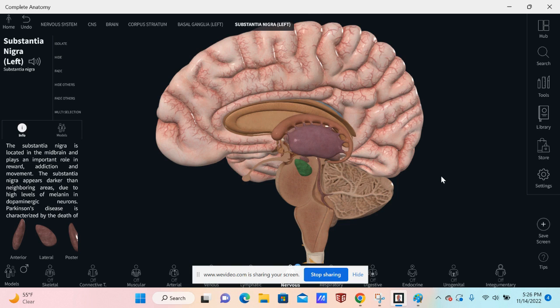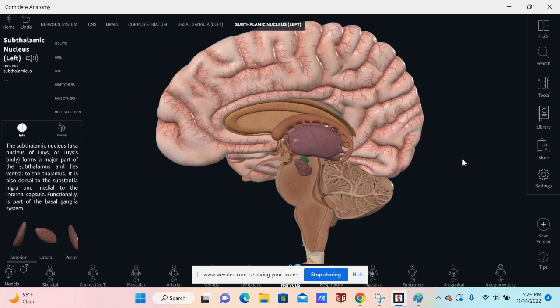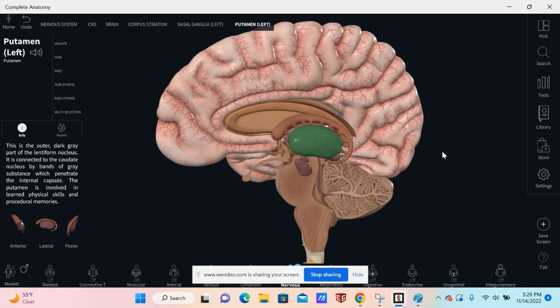So the brain wants to do these spasms, but if your brain is working properly, especially the basal ganglia, it prohibits those muscle spasms that you see in Parkinson's disease. You also have the subthalamic nucleus. And I'm going to show you what that is kind of important here in a little while. You have the putamen. Once again, it's good in procedural memory.